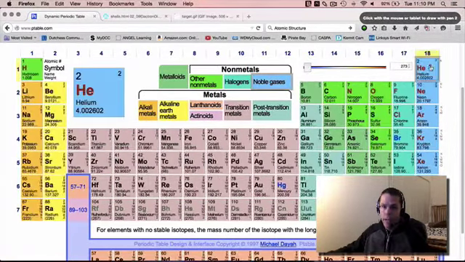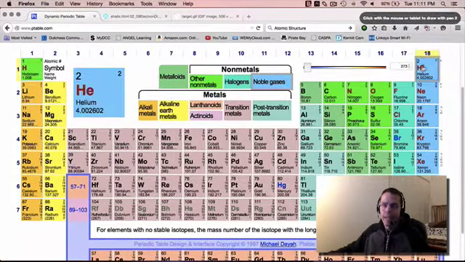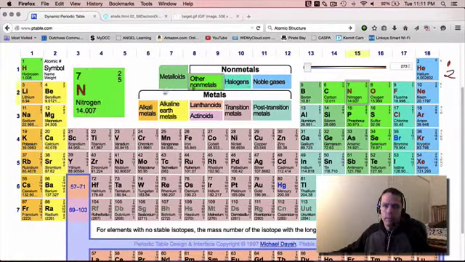Helium has one electron shell, and there are two electrons, because it's the second element in that row. So helium has one electron shell, and the outermost shell has two electrons in it.